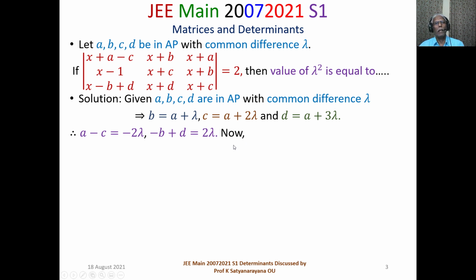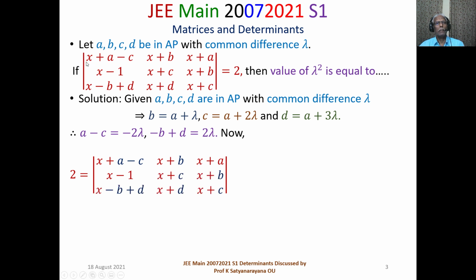Now we write x plus A minus C, where A minus C is minus 2 lambda, and x minus B plus D. This is the given matrix, and that is equal to, for A minus C we write minus 2 lambda. For B we write A plus lambda.